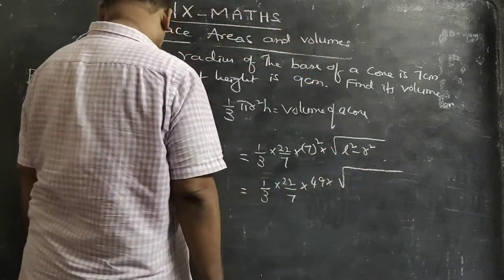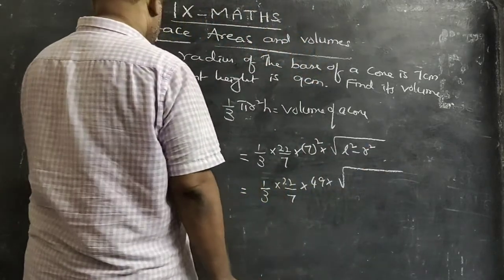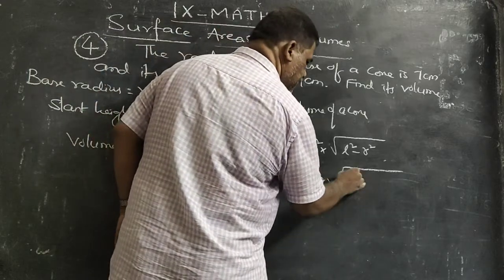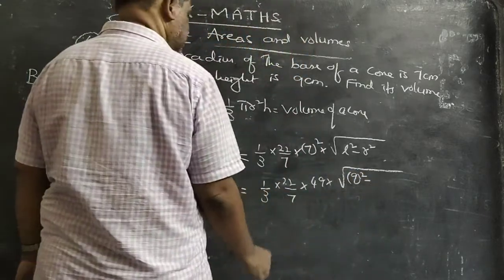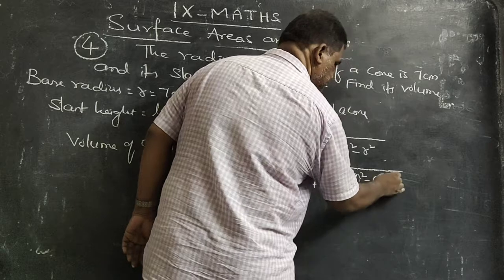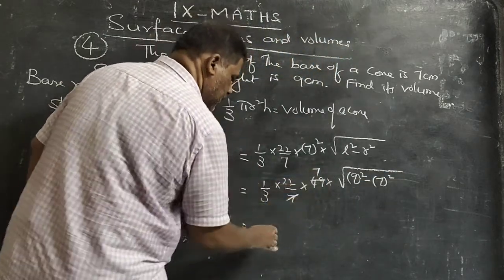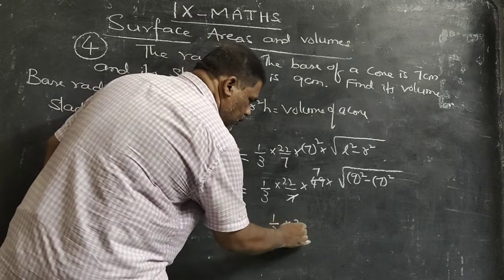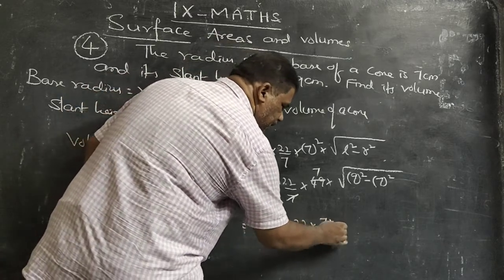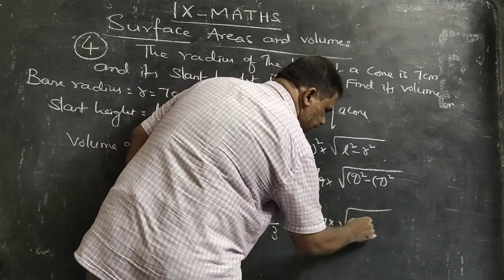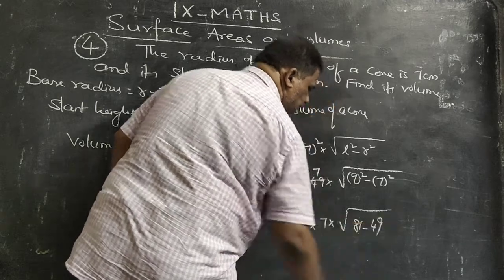Here L, slant height, is 9, radius is 7. So 1 by 3 into 22 into 7 into, this is 81 minus 49.